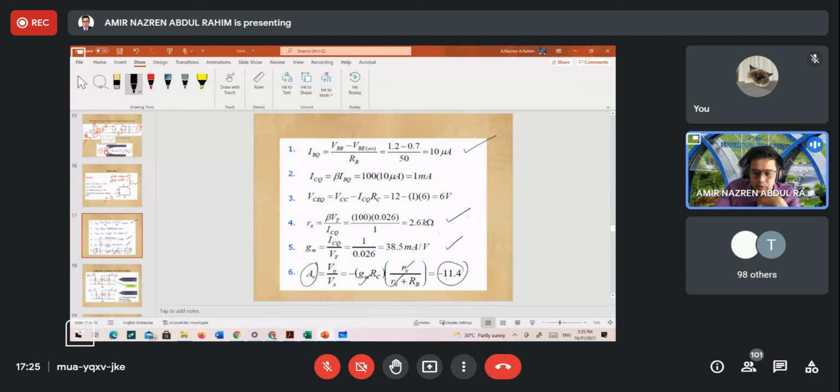If our Vs is in this phase, our V out will be inverse like this. So the size multiplication is 11.4 times bigger than our V in.